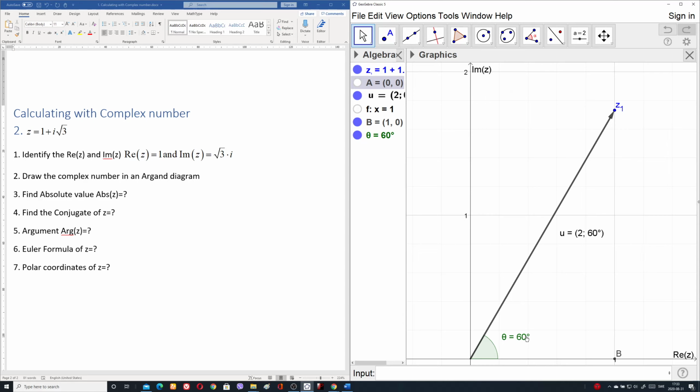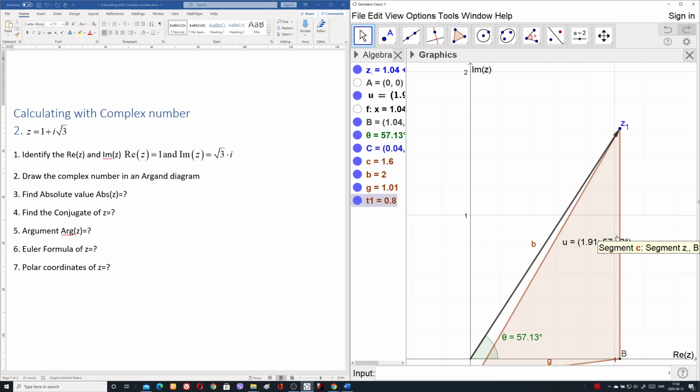So now we have 60 degrees here. Here is the 90 degrees. Let me sketch one polygon here. This is the B, this is the C.